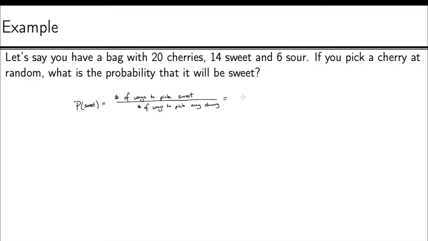Okay. So the number of ways to pick a sweet cherry, there's 14 sweet cherries, so there's 14 possibilities there. And then divide by the number of ways to pick a cherry, well, there's 20 possibilities there, so divide by 20. So 14 out of 20, or 7/10, or 0.7.